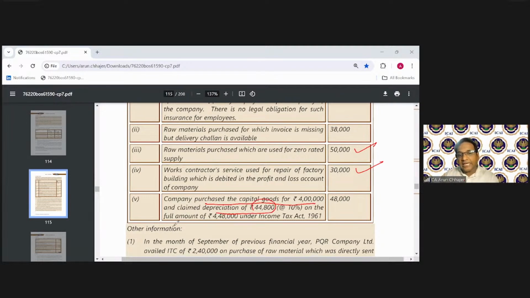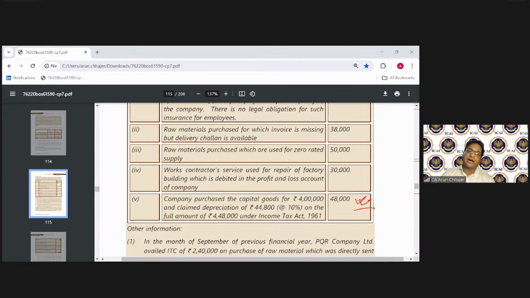That is 10% on the full amount. 4 lakh taxable value, 40,000 tax part. Total value is 4 lakh 48,000 and they have claimed the depreciation of 44,800. Now please tell me, will the ITC be allowed of this 48,000? Whether the ITC would be available or not available?